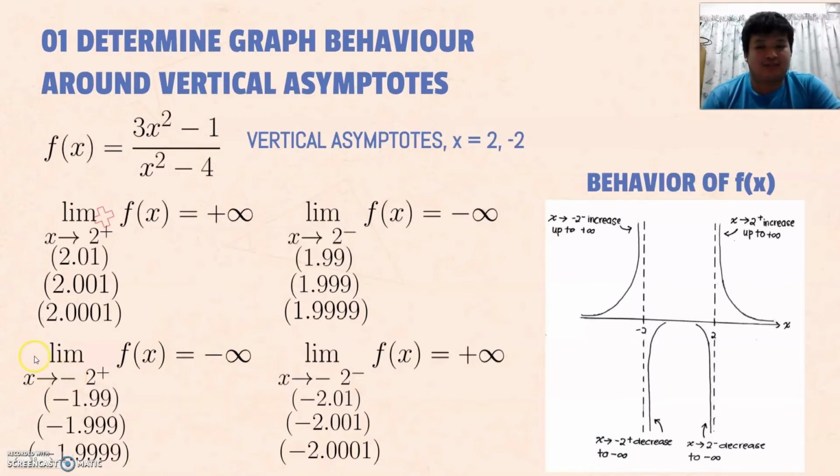We will find the limit as x approaches -2 from the right hand side, it will go to -infinity, just like that. And the limit as x approaches -2 from the left hand side will get a positive value, the same as +2. So this graph is the behavior of function f(x).